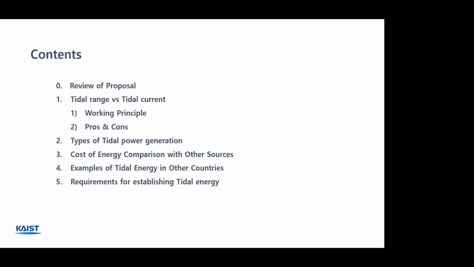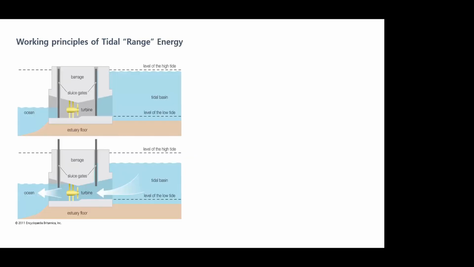So this is our content today. There are two types of tidal energy: tidal current and tidal range. First, let's look into the working principles of tidal range energy. As you can see in the diagram, in the case of tidal range energy, as the high tide comes in, water is pumped behind the dam.